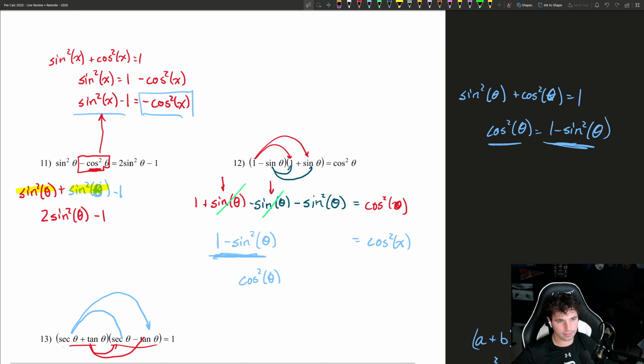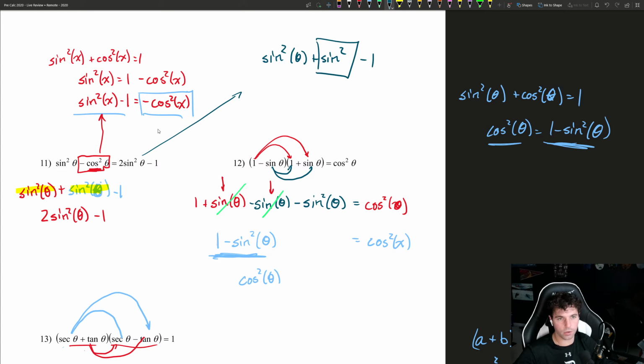I could have started with sine squared over here. One way I thought about doing this is actually splitting this up into 2 sine squared of theta, sine squared theta minus 1, and then using one of these in the same way that I did the cosine over there. So sometimes, again, you got to pick a spot and just go with it.